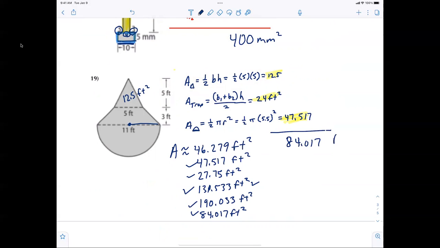All right, and that would be square feet. Yes, exactly. It's half. So if it was a full circle, it would be 131. You would say just pi r squared, not half, because that is a semicircle.